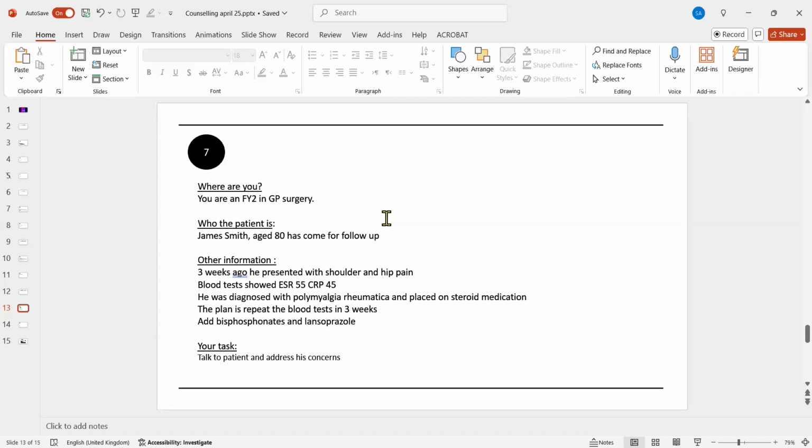Doctor, I've heard that it's like the medications that bodybuilders take. Are they like the steroids that bodybuilders take? Well, I understand that you might think that the steroids you have been prescribed are like the steroids that bodybuilders are taking.